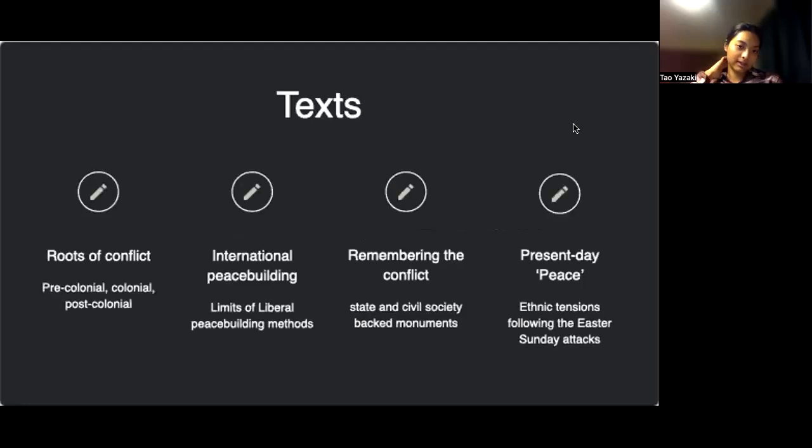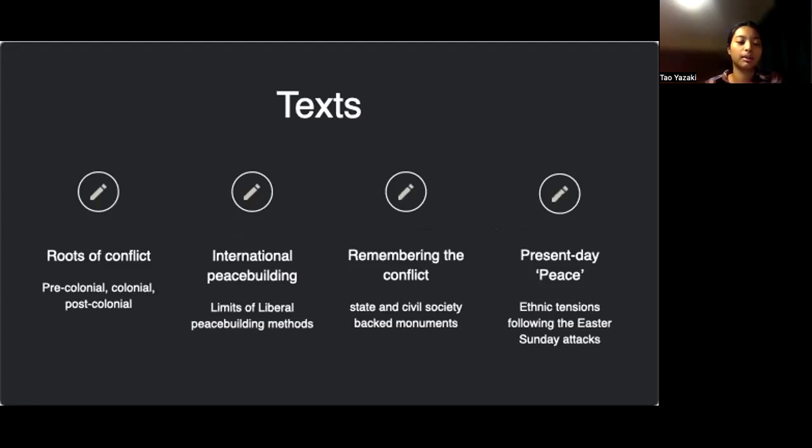I have 5 texts I'm going to talk about today, and all of them center around 4 themes. So the first one is the roots of conflict. So the key to lasting peace is looking back and curing or treating the roots of the conflict rather than the symptoms.